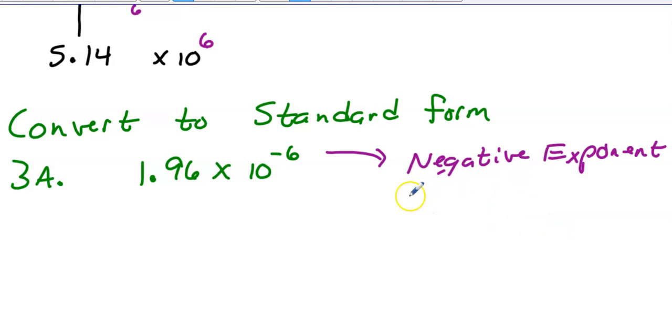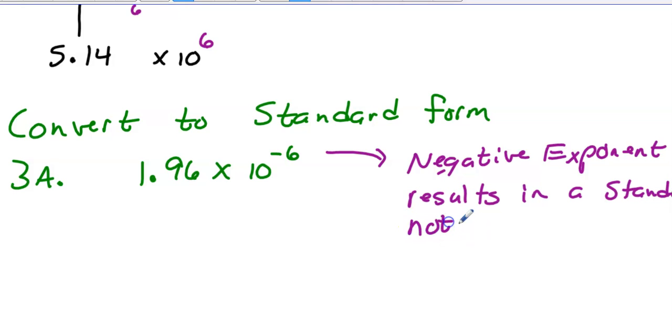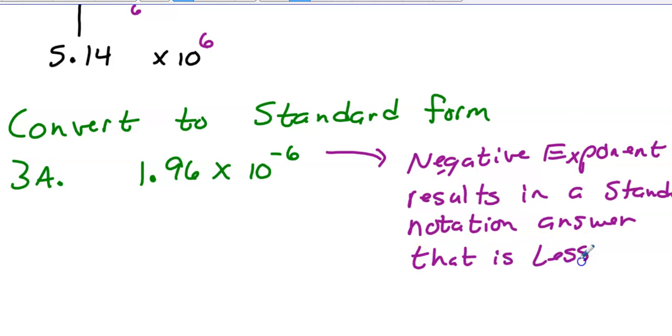So negative exponent, we'll say results in an answer less than 1. Okay, so it's always going to be 0.0 something something something when you go through those.